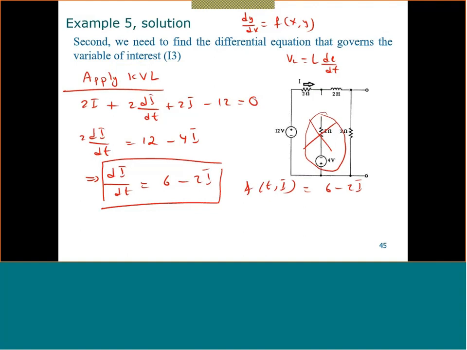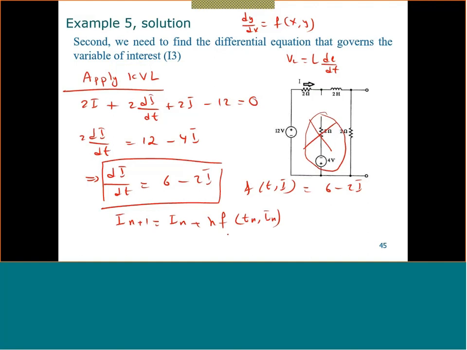Okay, excellent. Now I need to find the current. So now we'll start with the Euler method. We know that I n plus 1, the current at the existing time step, because now we are using time as our steps, is equal to I of the previous time step plus h times f of t n, I n, because these are the two variables I will have.